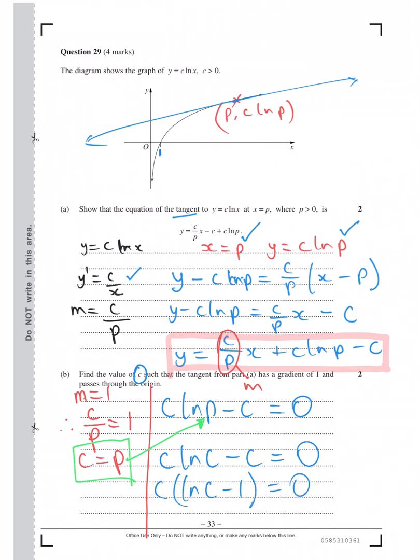What that means is that C is going to equal 0, which means P equals 0, which is a problem, because I do have C equals P, but it means I'm going to have a gradient that is 0 over 0, which is undefined. So this value is just not going to produce a solution. It doesn't mean we just get rid of it, but we need to acknowledge that C cannot be equal to 0. It's in fact P that can't be equal to 0, but P is equal to C.